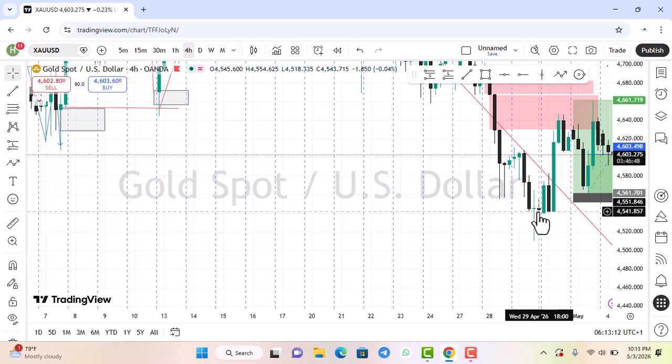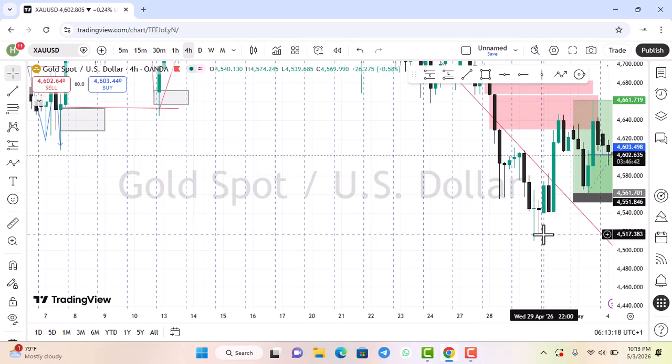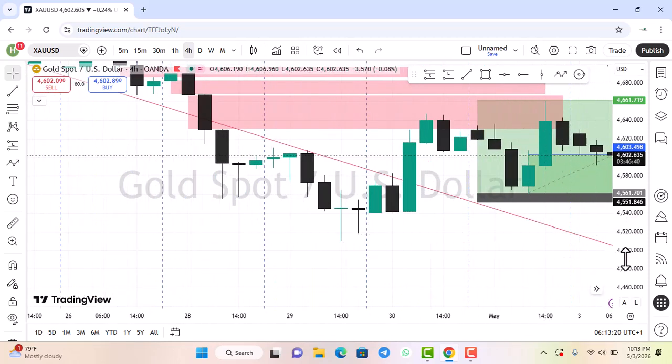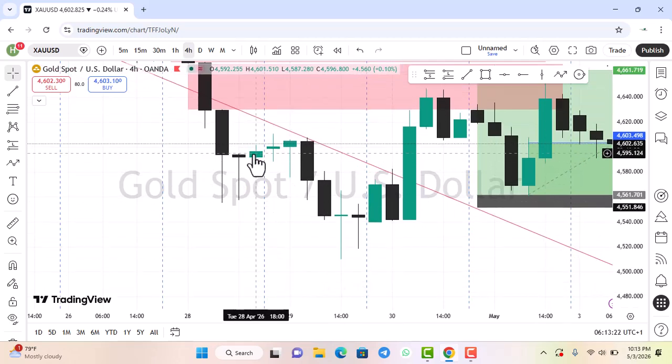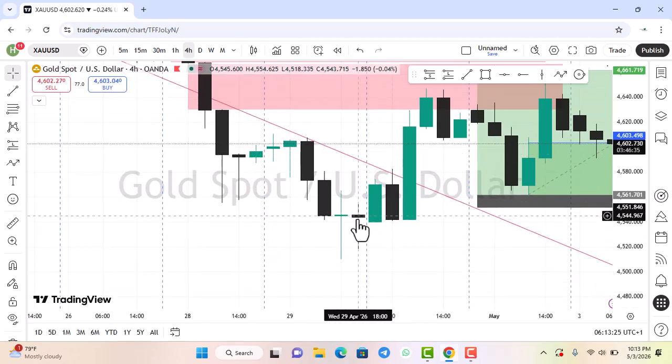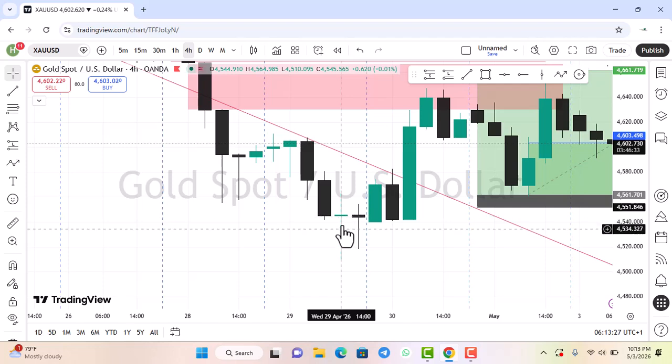Either the rejection candles are short or they have a small body and long wick. This is the wick of the candle. This long one is the wick, and this box is the body, right?